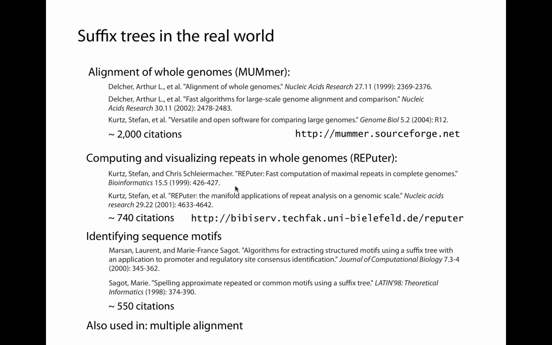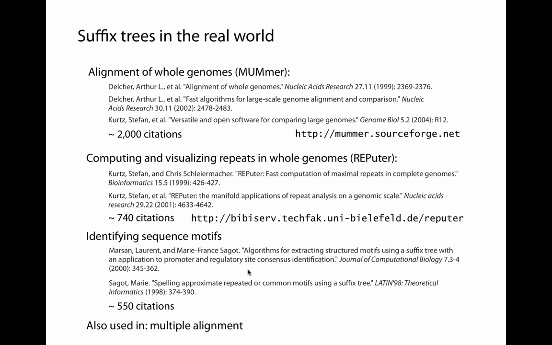And here's another example, a tool called REPuter. This is a tool for computing and visualizing repeats in whole genomes. You've already seen how we can discover things about repeats using suffix trees, right? We figured out the longest substring that occurred at least twice in T. And then we also did that LCS problem. Those are both related to trying to find repeats.